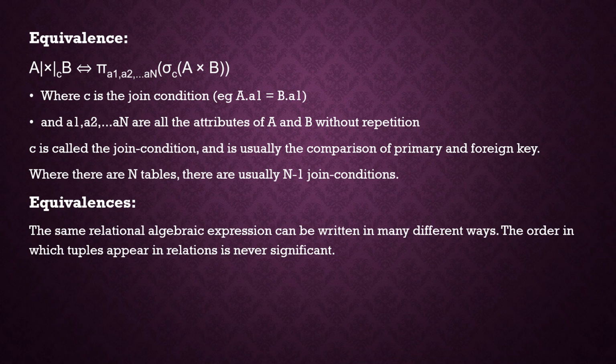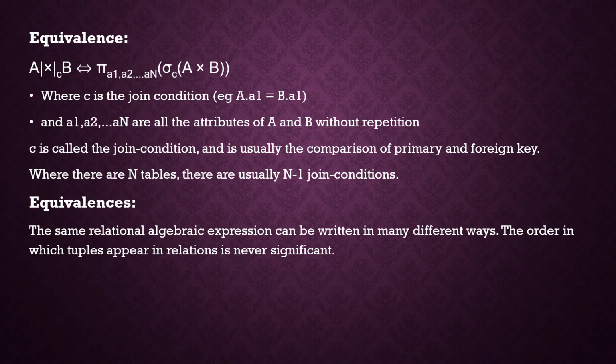Equivalence. A join B implies pi A1, A2, up to AN, and within parenthesis sigma C of A cross B, where C is the join condition.